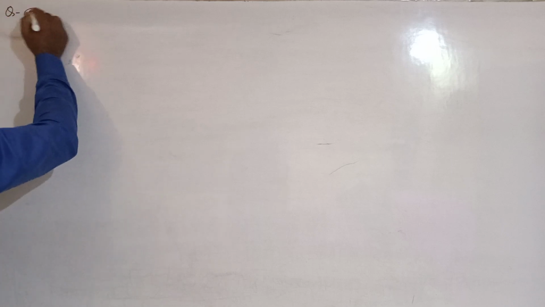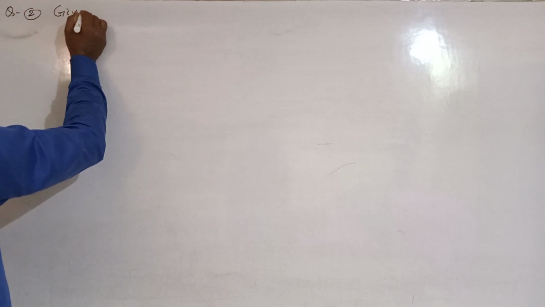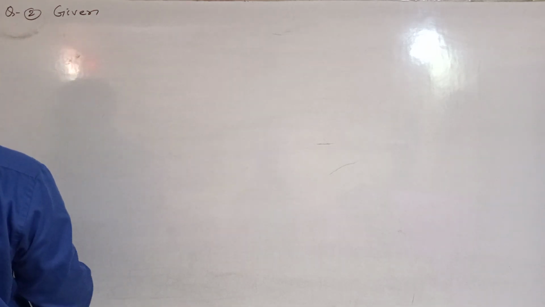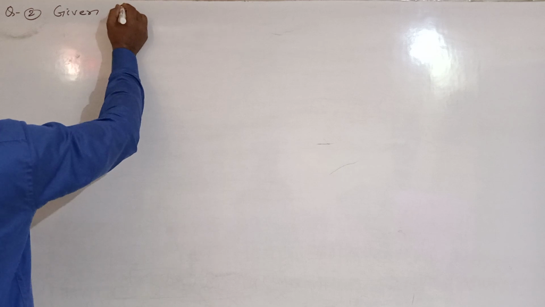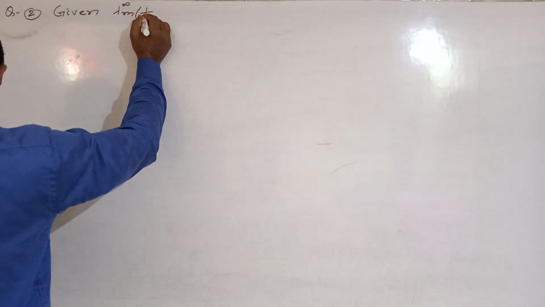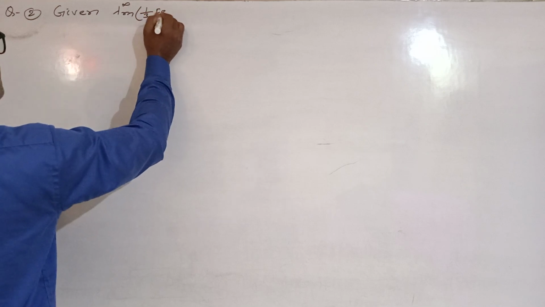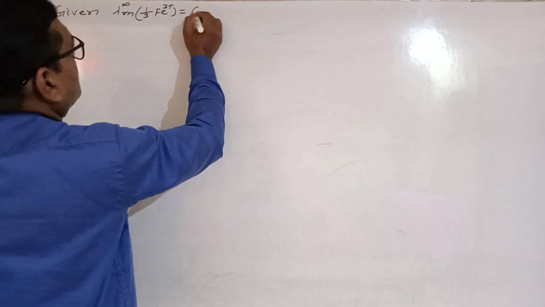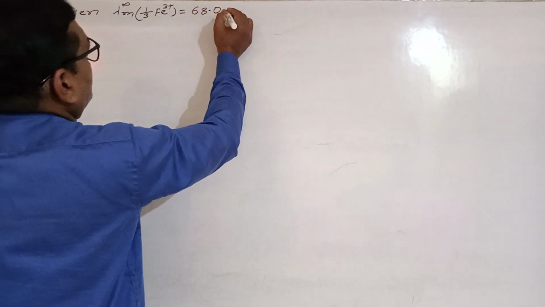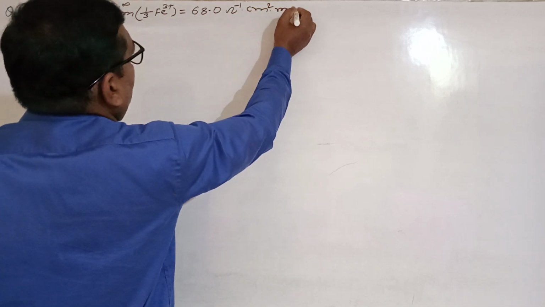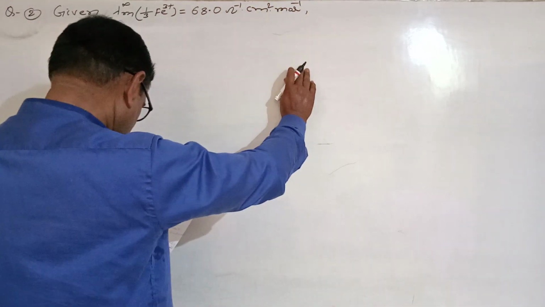Question number 2: given lambda infinity m of 1/3 ferric ion is equal to 68.0 ohm inverse cm square mole inverse.